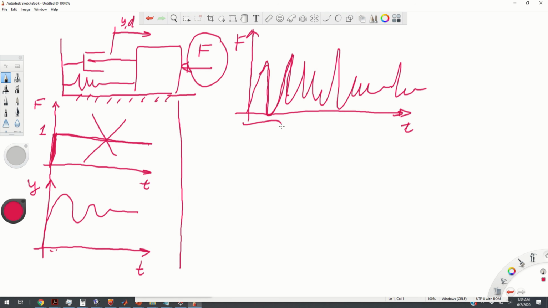Furthermore, there is a condition called the persistency of excitation condition, which I will not explain right now. This goes deeper into system identification theory.